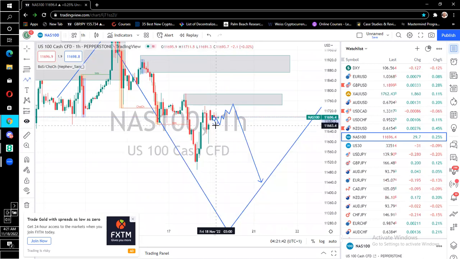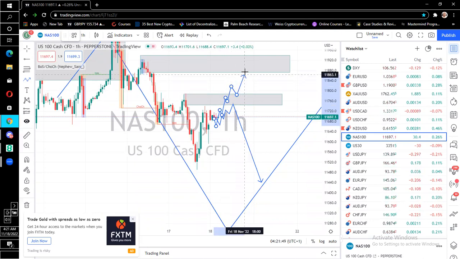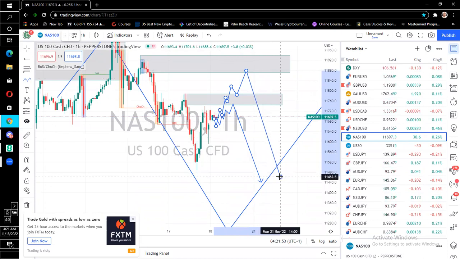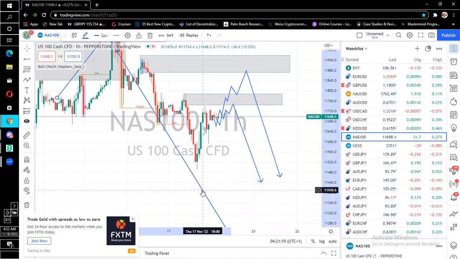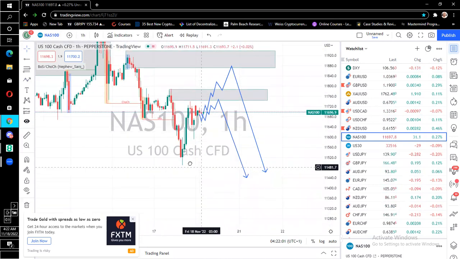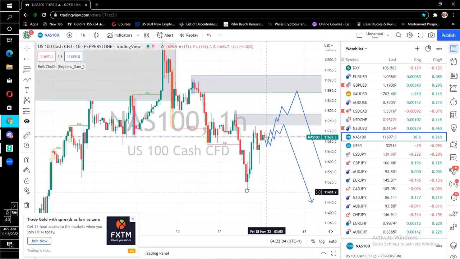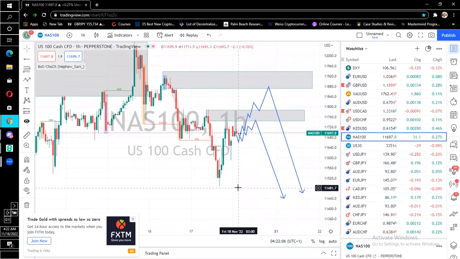Depending on what the market gives us, once the market hits here and gives us a reason to sell, of course, we'll be selling the market there. If it gives us a reason to sell here, then also we'll be selling the market. So I'll take out all this so that we will know what we're watching. So that is just it. This is what we'll be expecting to see this currency do for us today.